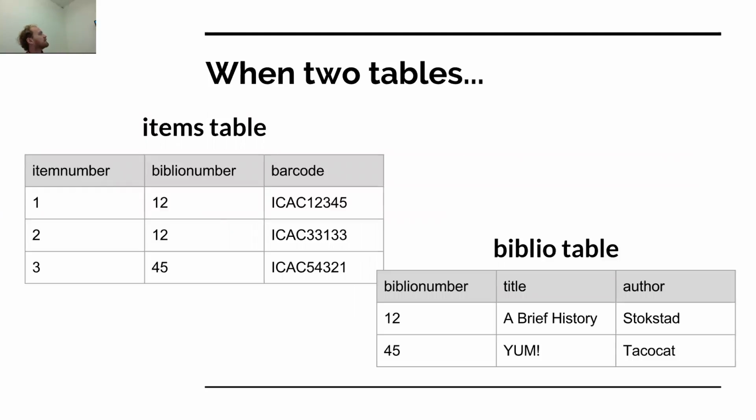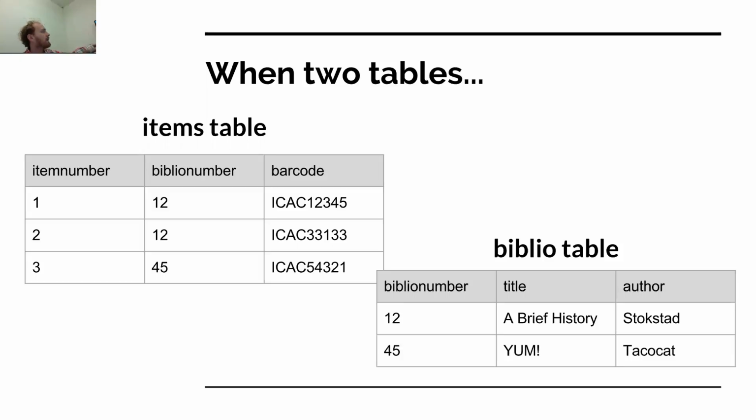So I think this is the easiest way to understand that. All right, we have our items table, right? It has an identifier, item number, and then it has a whole bunch of other fields, including biblio number, and item specific sorts of information like barcodes, call numbers, whether something is lost, whether it's checked out, all that sort of stuff.